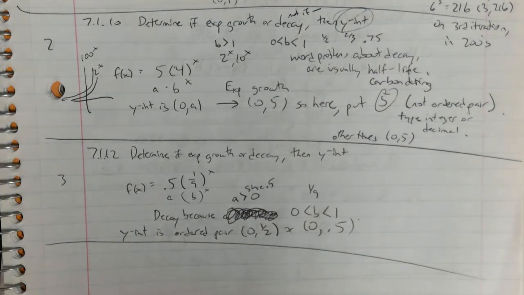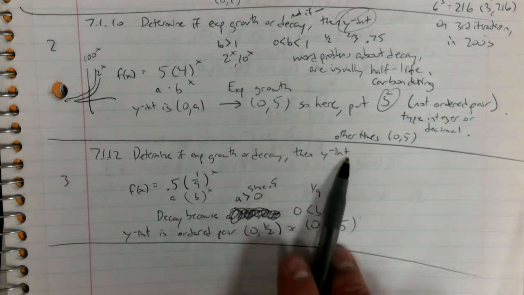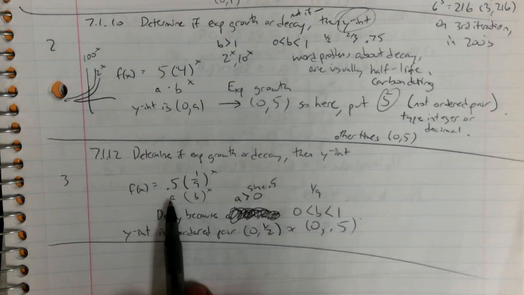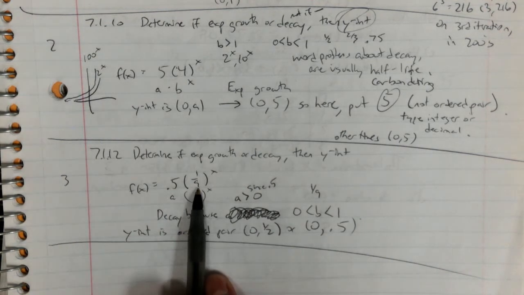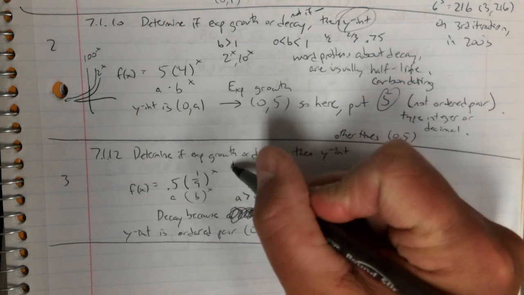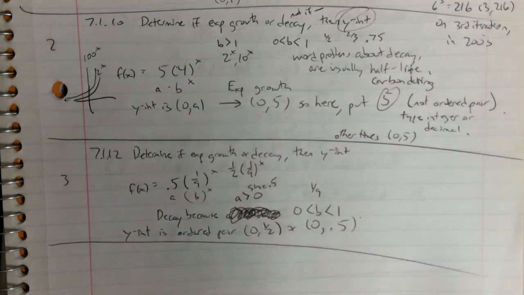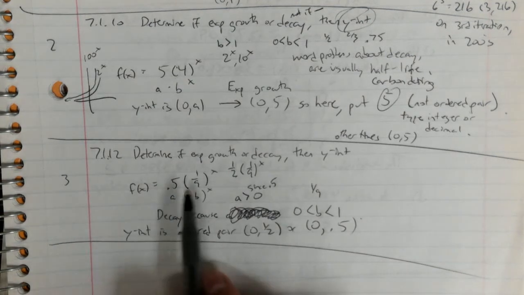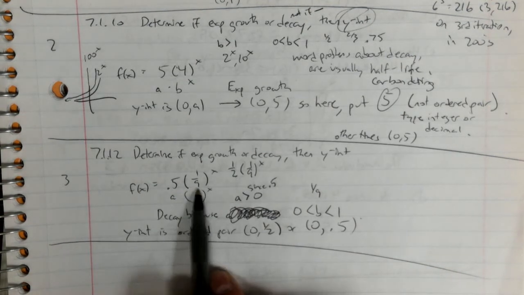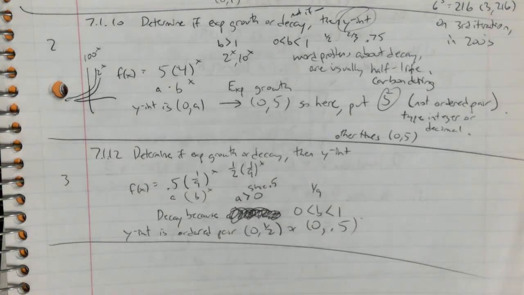The next one is asking if it's exponential growth or decay, and then your y-intercept. In this one, you have 0.5 times 1/9 to the x. It's a little weird to me because you should see 1/2 and then 1/9 to the x. Usually if there's a decimal in the problem, the other one would be a decimal, or if there's a fraction in the problem, then the other one would be a fraction. But this is what we have.